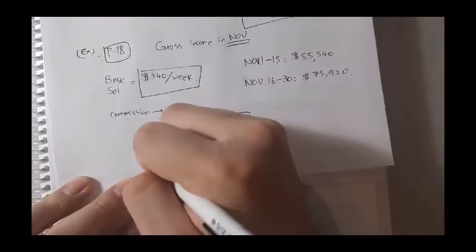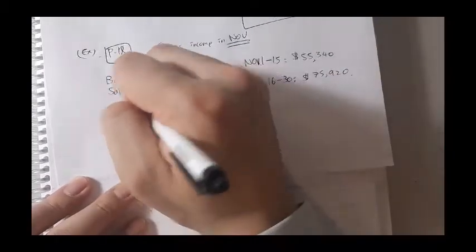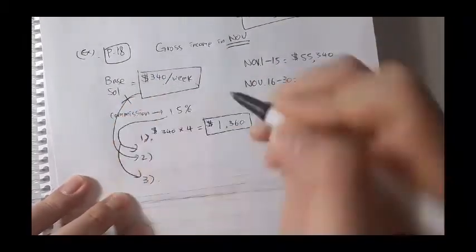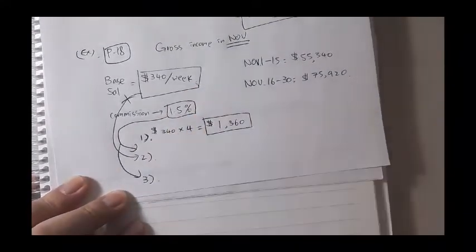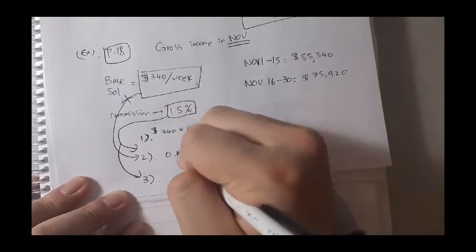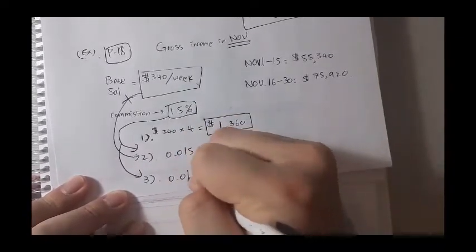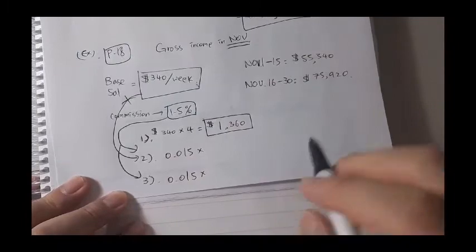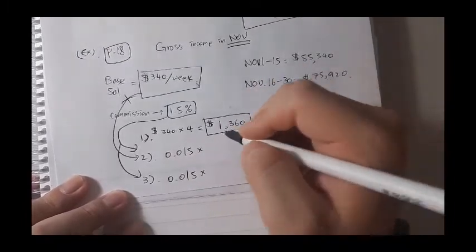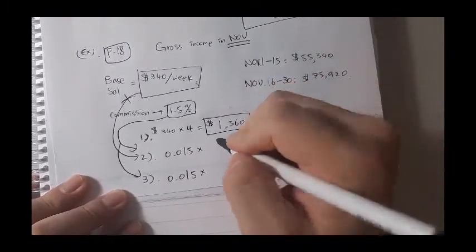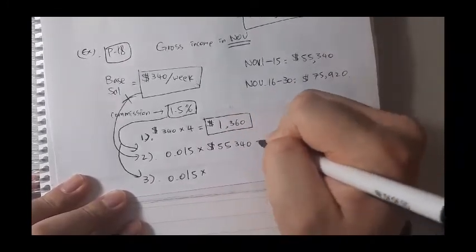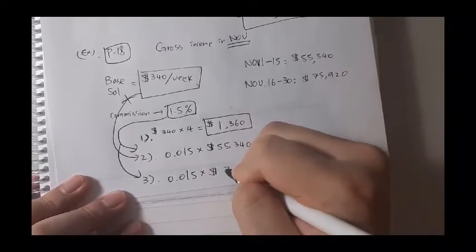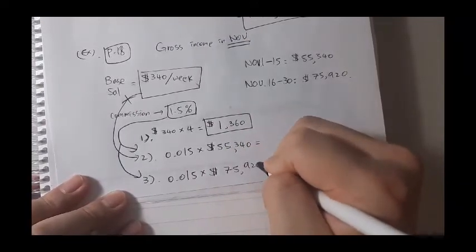However, she earned two bi-weekly commissions for the first half and second half. 1.5% is basically 0.015 as a ratio. For the first half of the month, you had $55,340. Second half, $75,920.